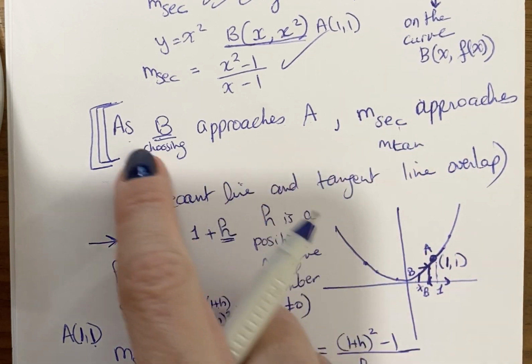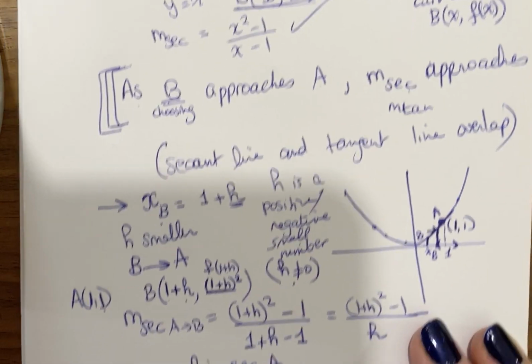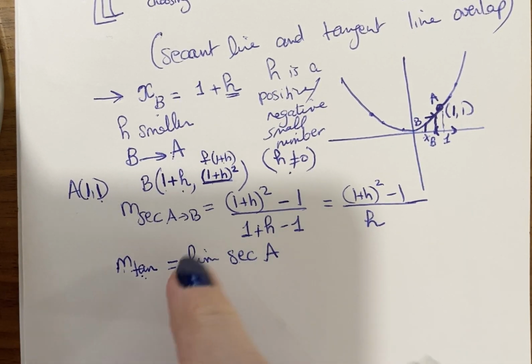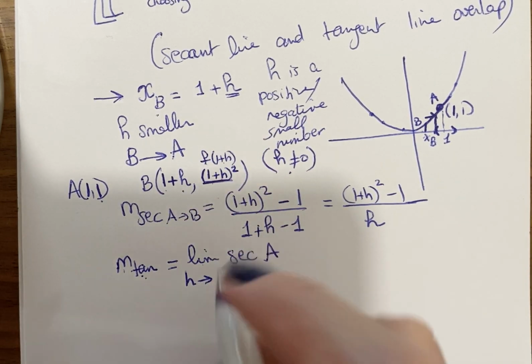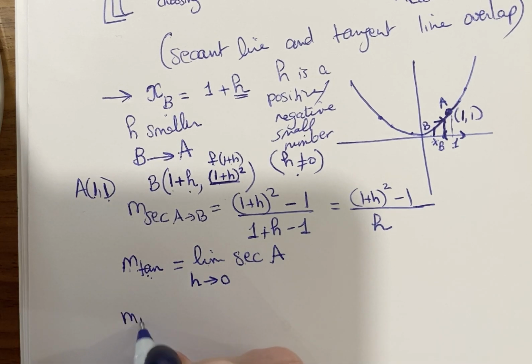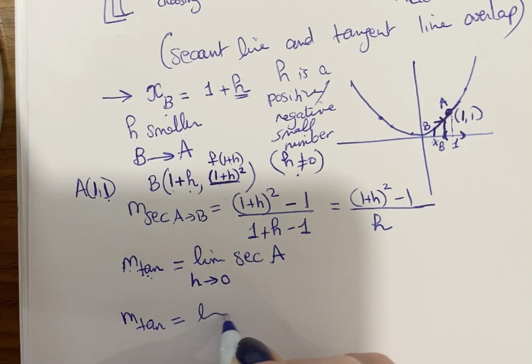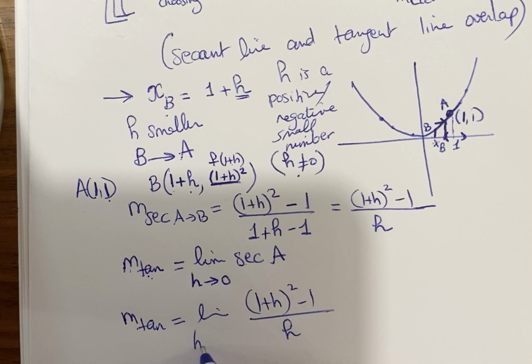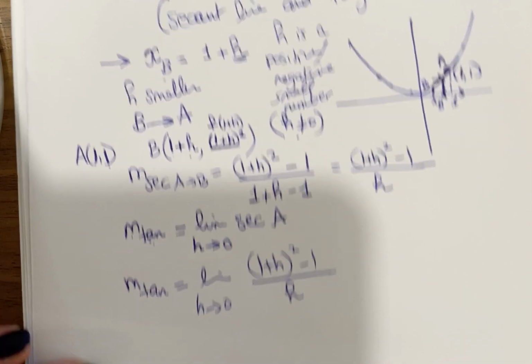It approaches the slope of the tangent only when B approaches A. When will B approach A? B will approach A when the difference between them, which is what? What's the difference between A and B? H. What happens to it? It goes to 0. So the slope of the tangent will be equal to the limit of ((1 plus h) squared minus 1) over h as h approaches 0.